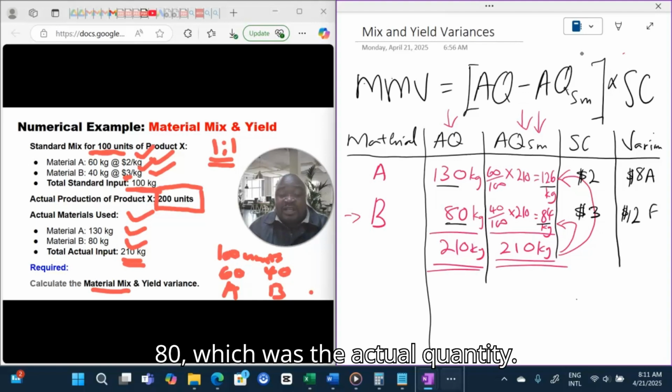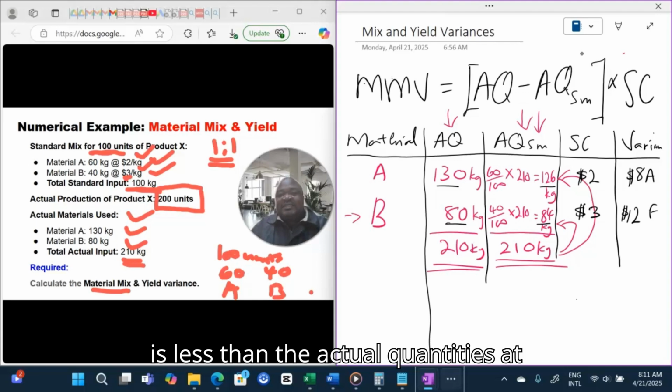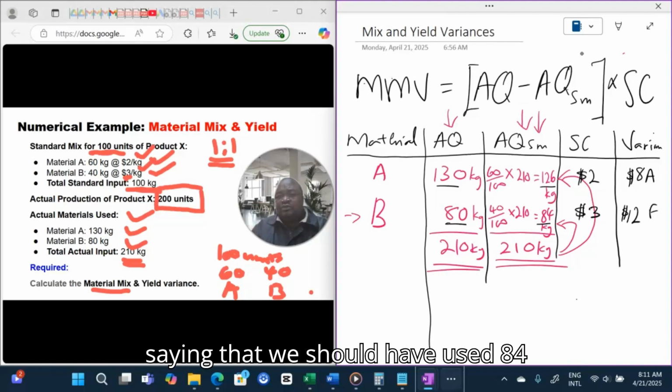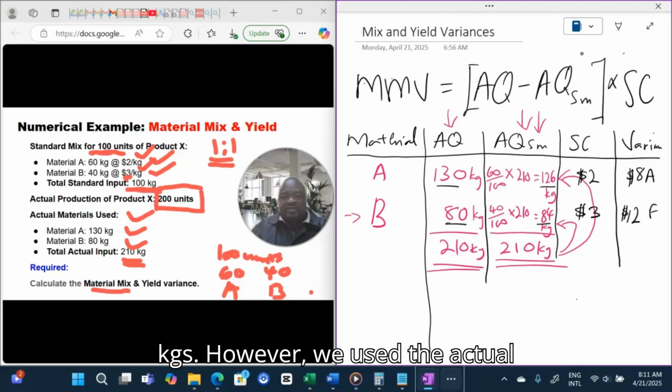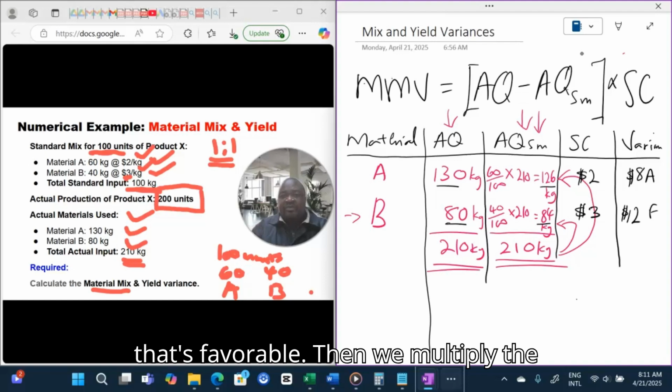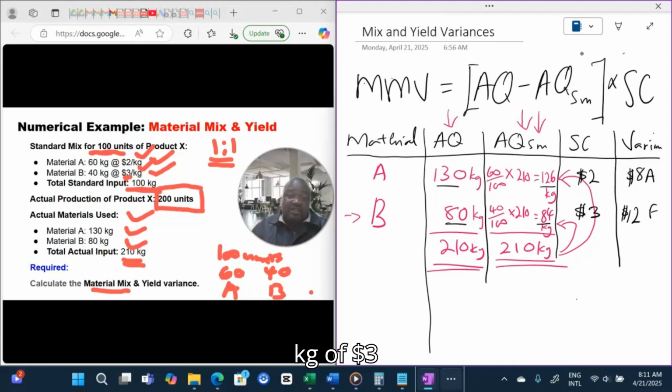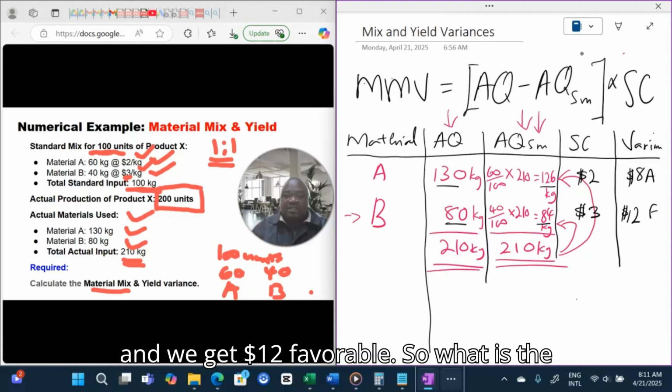80, which was the actual quantity, is less than the actual quantities at standard mix. All right, the standard mix was saying that we should have used 84 kgs. However, the actual quantities were 80 kgs. So that's favorable. Then we multiply the difference by the standard cost per kg of $3 and we get $12 favorable.